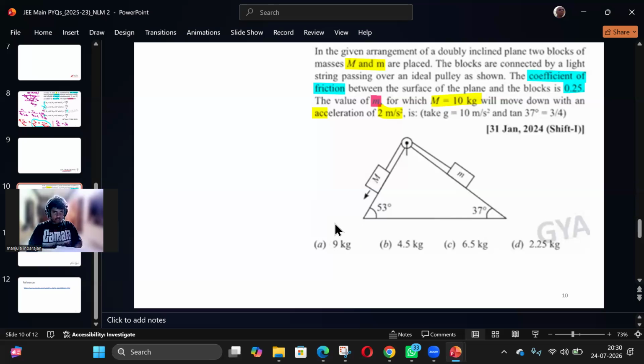So capital M is heavy, so M is moving down. It's a straightforward question, but you have to solve the full thing. From the capital M, you can get the tension of the string. And that tension you can use for the small m.